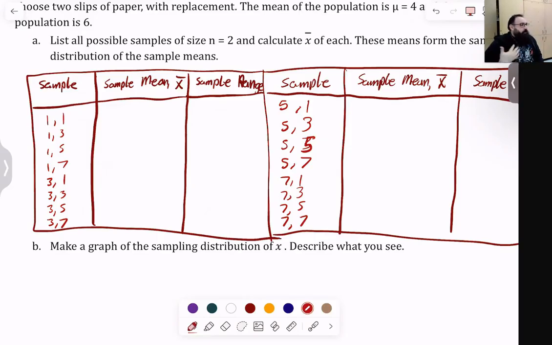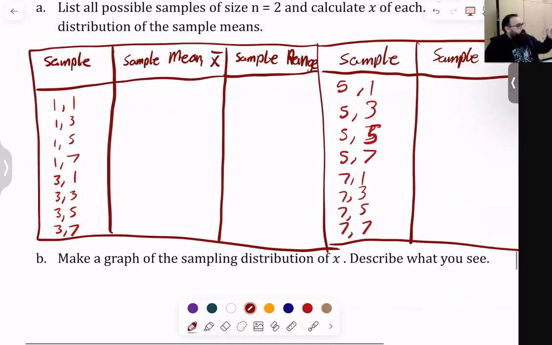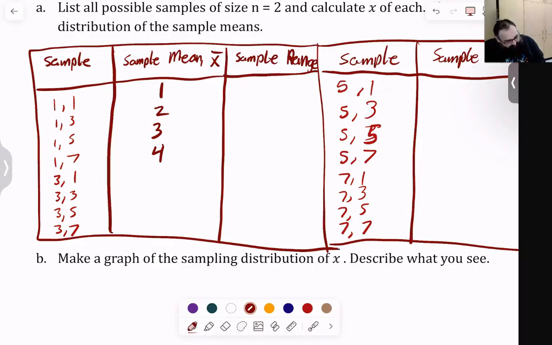Okay. Let's go ahead and find the sample mean for each of those. We're going to just kind of do it in our head really quick to not make this too complicated. So like if you got the mean of 1, 1, what's 1 plus 1 divided by 2? 1. 1 and 3, what's 1 plus 3 divided by 2? 2. Okay. 1 plus 5 divided by 2. 3, and then 4. Now we got 3, 1. So 3 plus 1 divided by 2. 2. Okay.